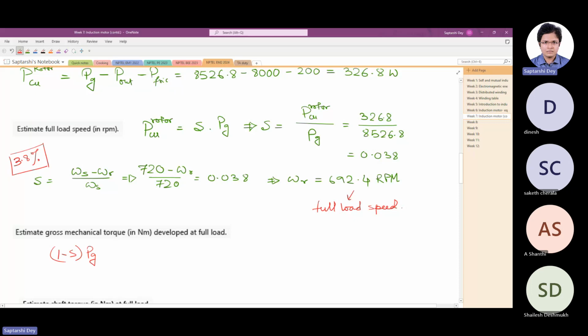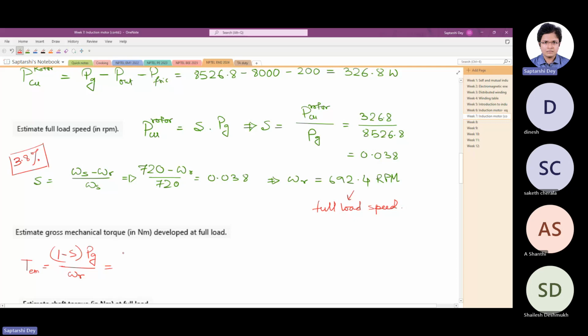This divided by omega R is the gross mechanical torque. Let me write T_EM, electromagnetic.